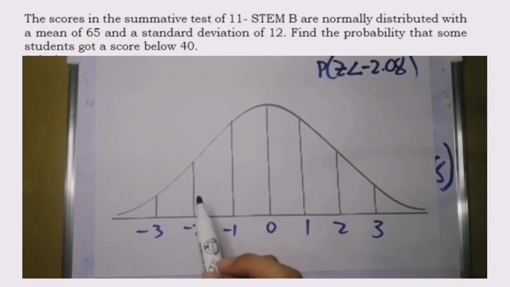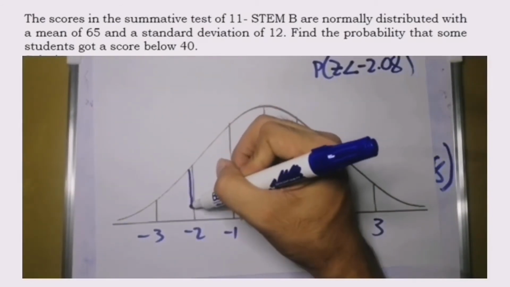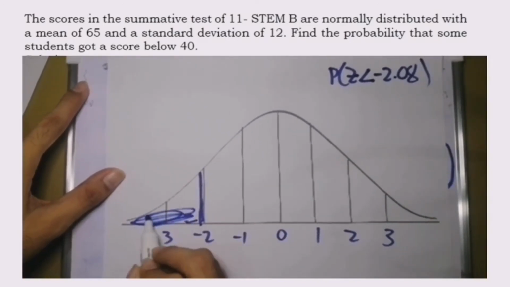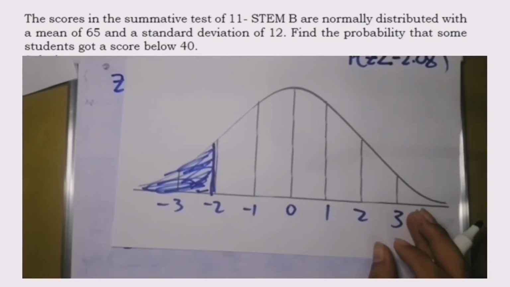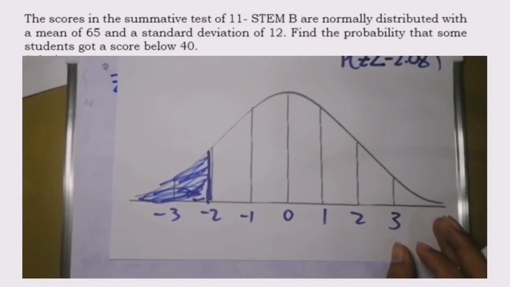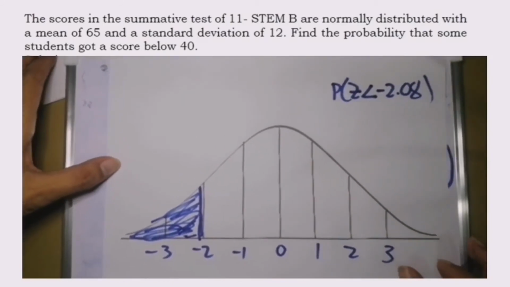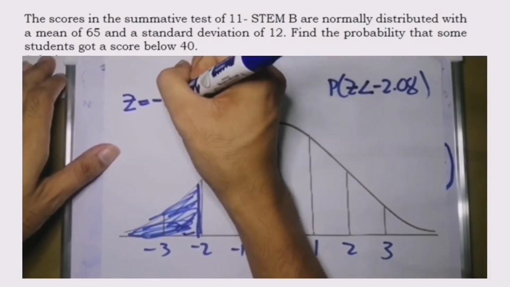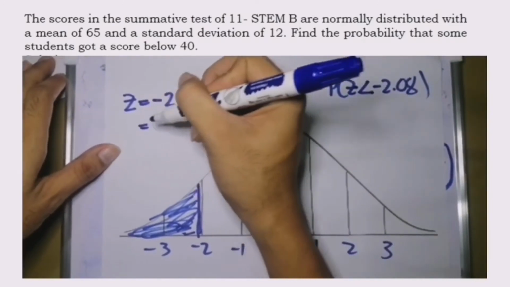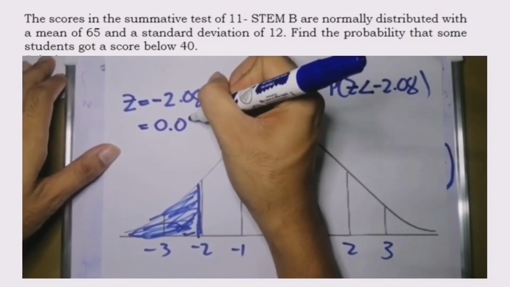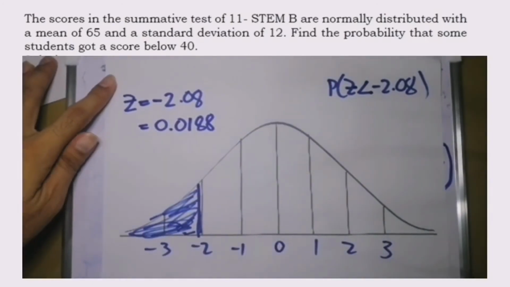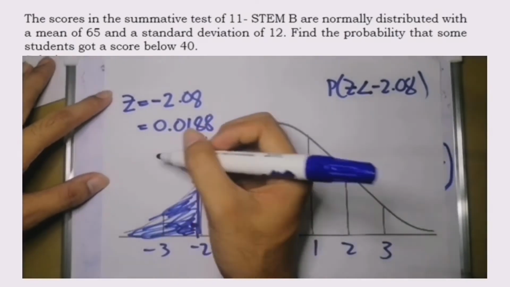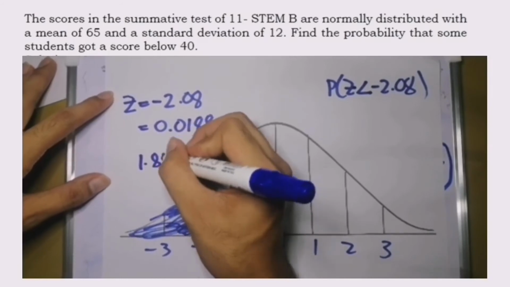It is negative, around here, and less than means this is the shaded part. Then what is its area? Looking at the z table, the z-score of negative 2.08 is equal to 0.0188. So the area we are looking for is this, which is 1.88%.